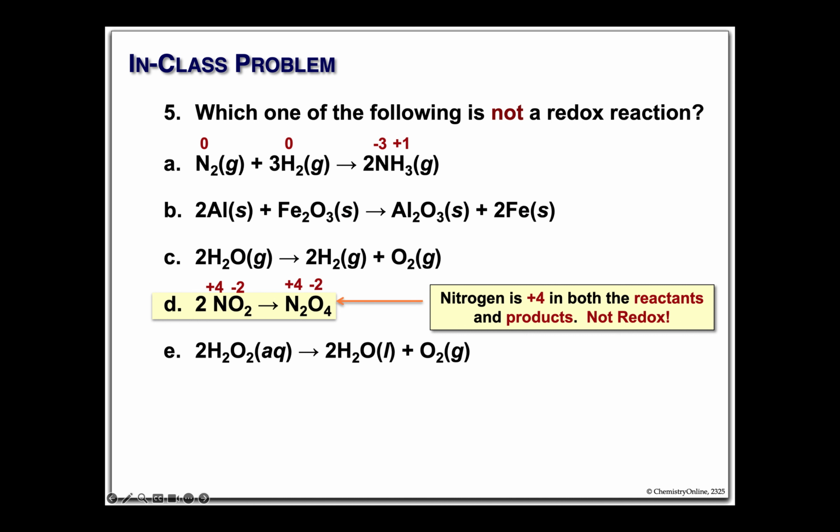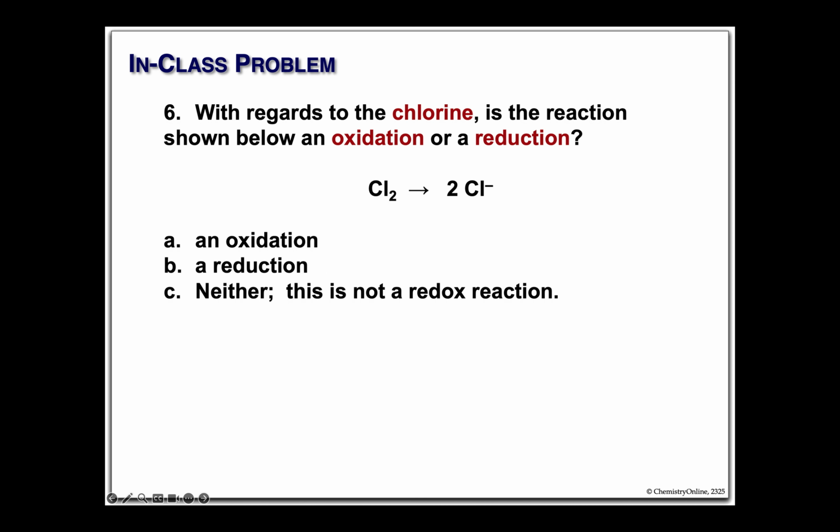Number 6. Another redox question here. We have chlorine going to chloride. Chlorine is an element. It'll be 0. Chloride's a halogen. It'll be a -1. All right.